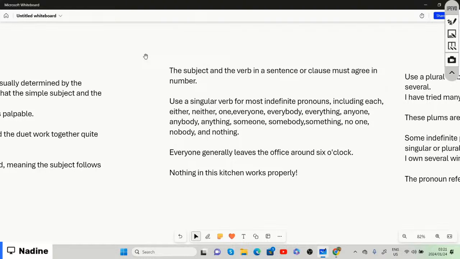And if we look at an example, it says everyone generally leaves the office around 6 o'clock. So everyone is a singular indefinite pronoun, so everyone usually leaves the office around 6 o'clock.